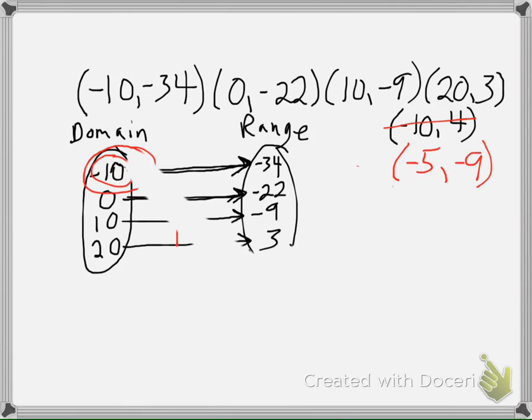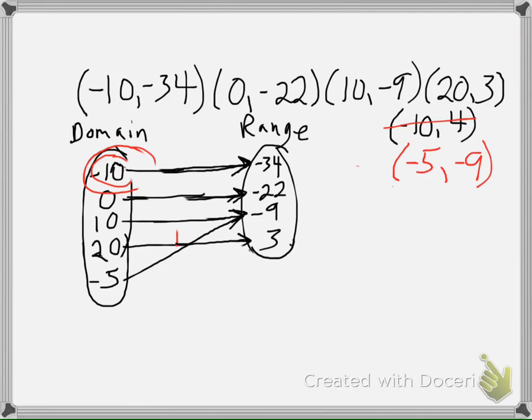Now, if I add that value, now I have the original problem, but I'll need to extend this because I'm going to have one additional number in my domain, which is -5. I don't have to add another number in my range because -9 is already there.